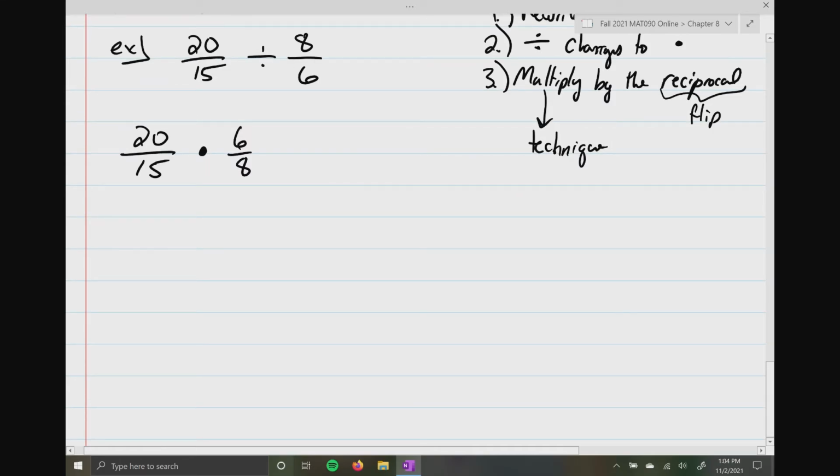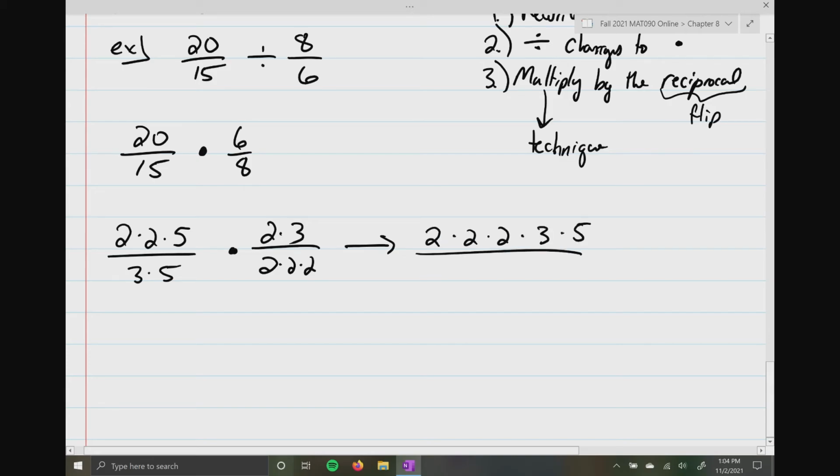But now our division problem turned into a multiplication problem. So let's go ahead. 20 turns out to be 2 times 2 times 5. 15 is 3 times 5. 6 is 2 times 3. 8 is going to be 2 times 2 times 2. Let's write one very big numerator in order.